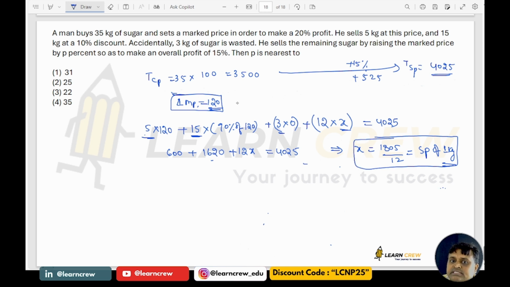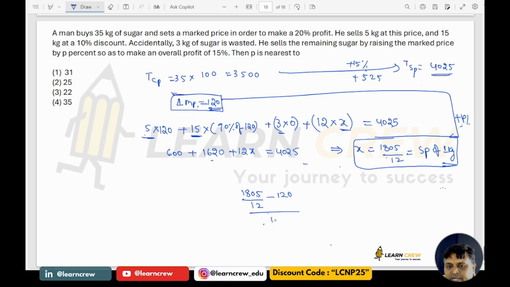Thereby it is said that it is sold at P percentage more than the market price. So this P percentage is how much more than this? Means 1805 by 12 minus 120, by 120, into 100.